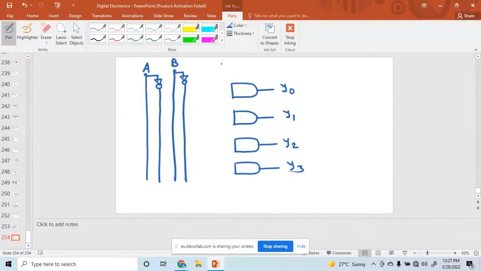Then I'm connecting the enable line. The first input is a bar, b bar, e. So e is connected here. Then here we connect b bar and a bar. So what is the output here? A bar, b bar, e.